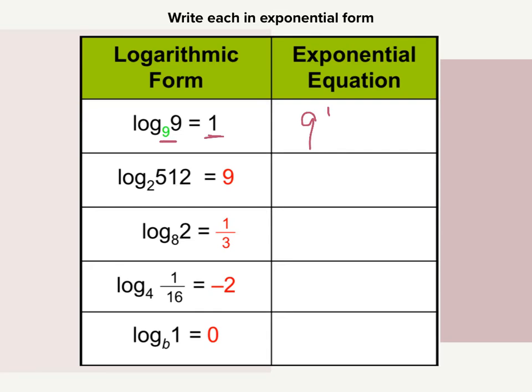So we write our 1, that's our exponent, and then we're left with just the other 9. The next one, our base, we get from the basement. Our exponent is on the other side of the equal sign, and then we're just left with the remaining number, which is 512.